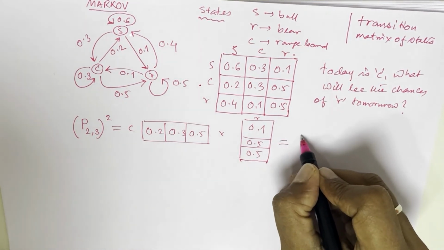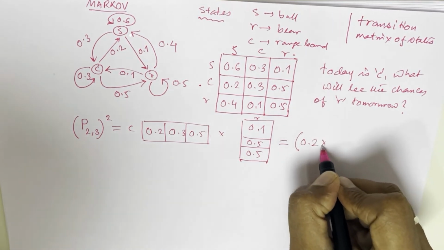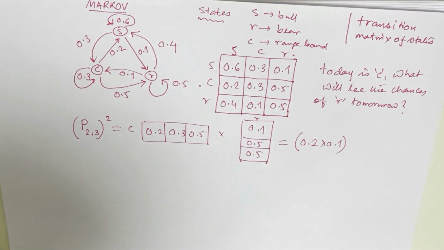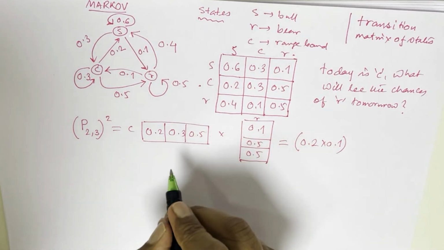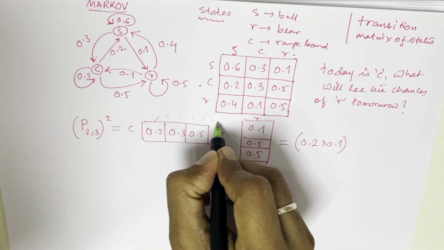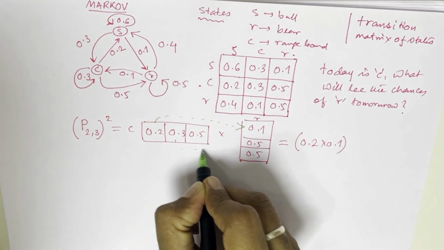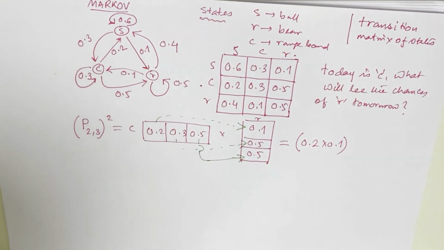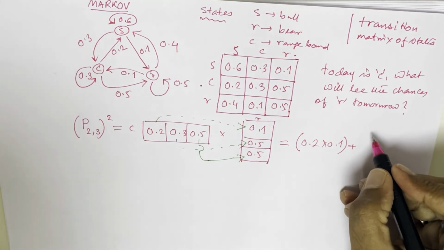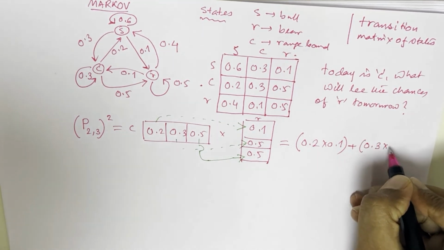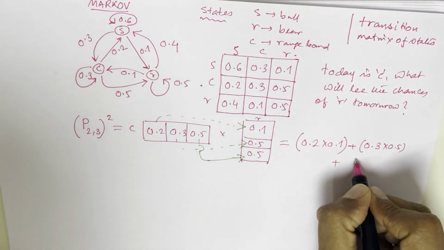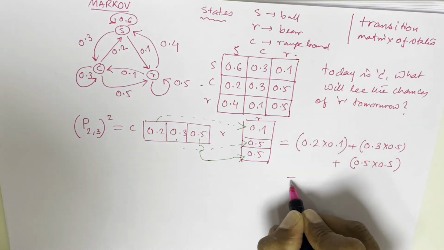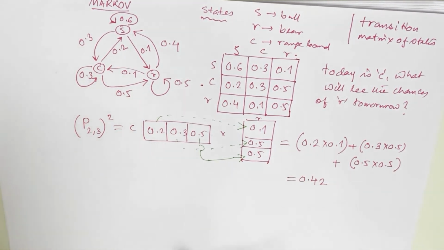If I complete the matrix multiplication, it will be 0.2 into 0.1, that means this gets multiplied with this, and so on, plus 0.3 into 0.5 plus 0.5 into 0.5. Therefore, the total probability is 0.42.